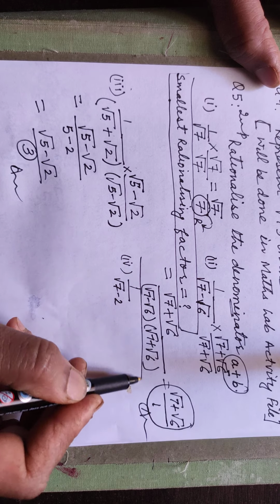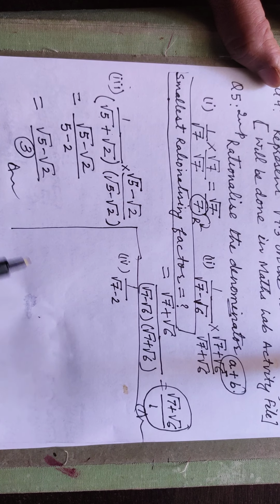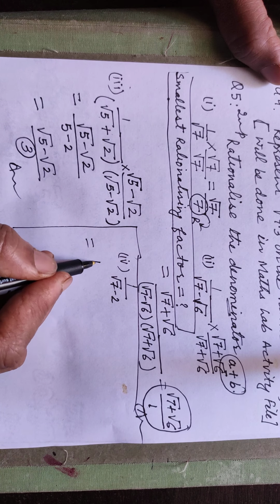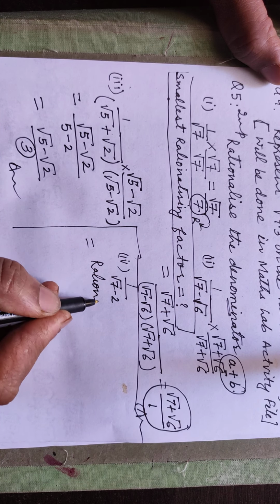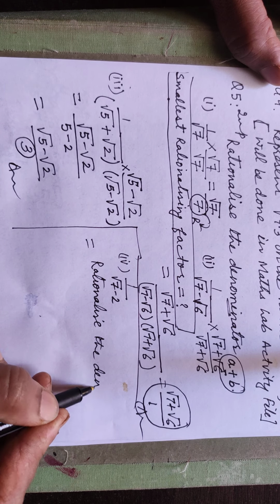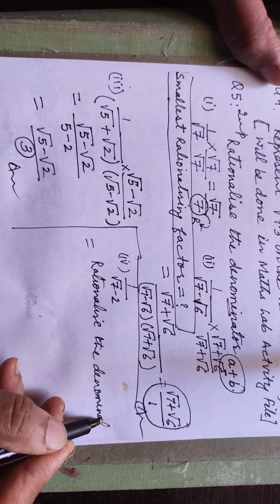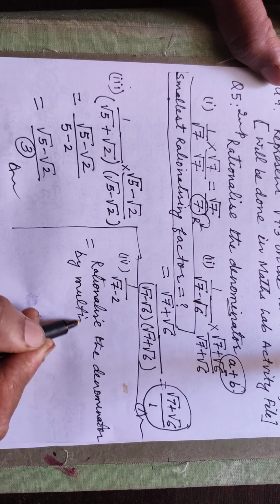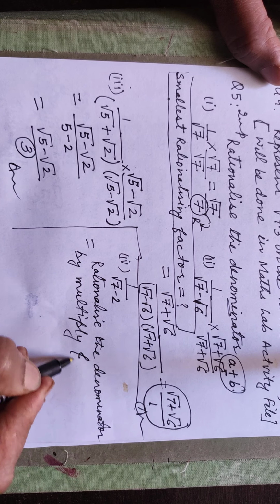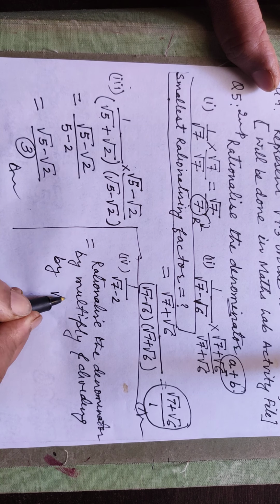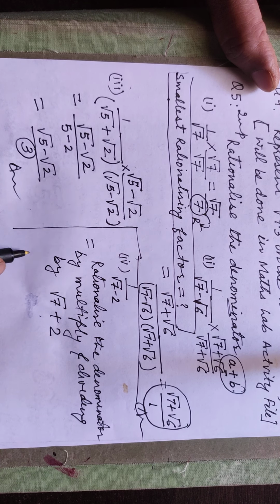Now question number 4. What is the rationalizing factor? As I have told you, rationalize the denominator by multiplying and dividing by root 7 plus 2, that is, 1 upon root 7 minus 2.